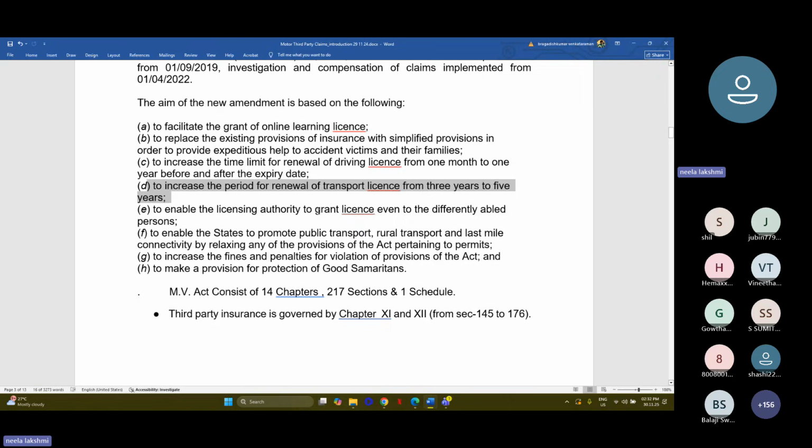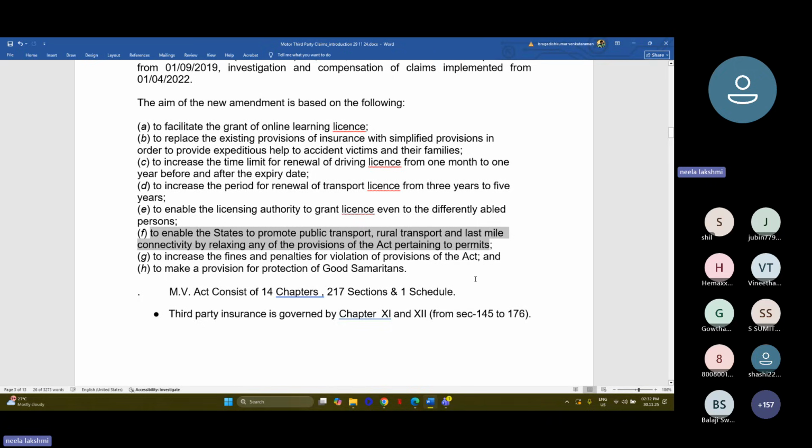This is also a major point: to enable the licensing authority to grant license even to differently abled persons. This is a new introduction. Then the next one, to enable states to promote public transport, rural transport and last mile connectivity by relaxing any of the provisions of the Act pertaining to permits.